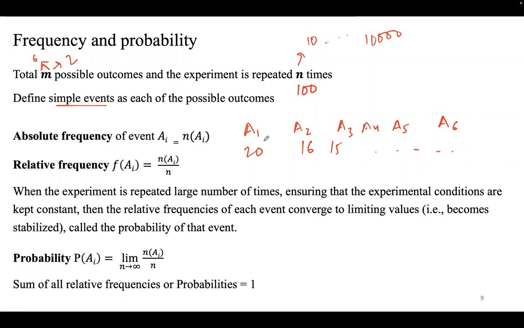So let's take an example of a coin where you are twice as likely to get heads. In that case, if it's intuitive to you, I would assume that 2/3 of the time I will get heads and 1/3 of the time I'm going to get tails.